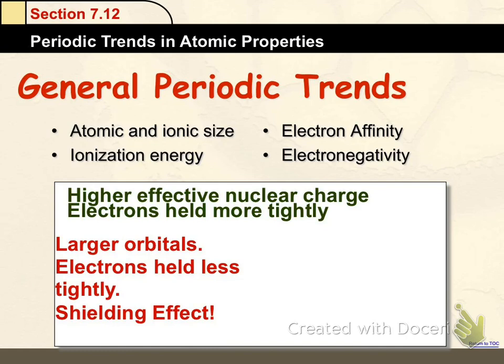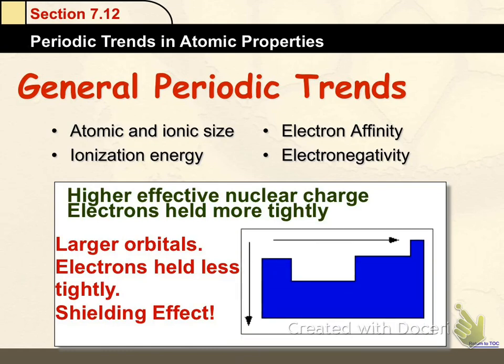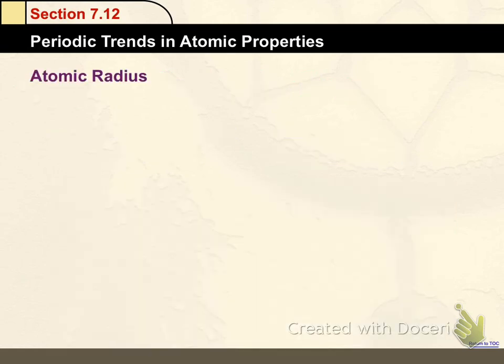And so it's easier to pluck those electrons off of the atom. So we see this type of trend on the periodic table reproduce itself quite often, where you have a decrease in the energy that's needed to remove the electrons as you go from top to bottom, and an increase in the energy needed to remove the electrons as you go from left to right. Okay, so we'll explain that a little bit more in detail.